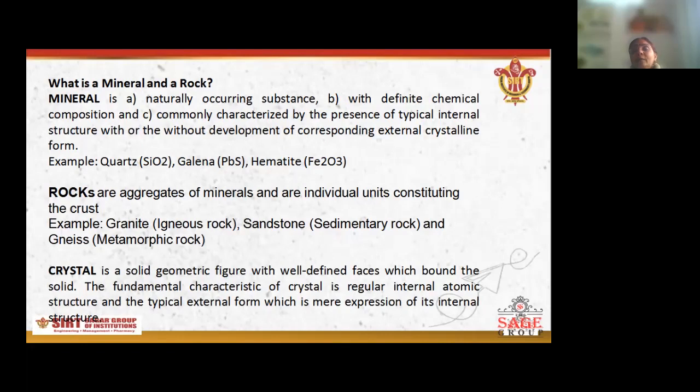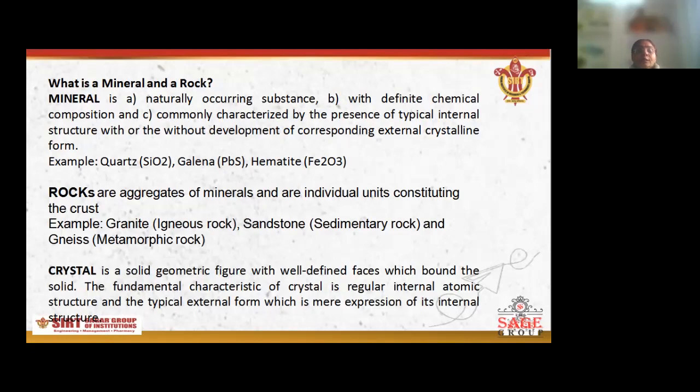So ore contains pure mineral as well as some gangue mineral or impurities with it. When ores go through the extraction process, we will get pure metal afterward. So we will separate iron from the hematite, and during this process impurities will be separated out.